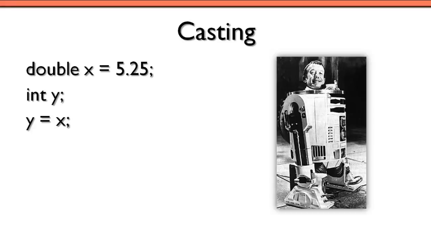This means you're telling the compiler, I want to convert this particular value, for this specific expression, to something else. We could do a very similar thing here where we've explicitly stated that we would like the value x, at least for this assignment operation, to be an int value.